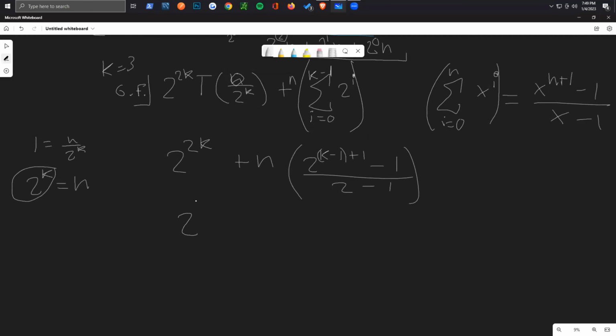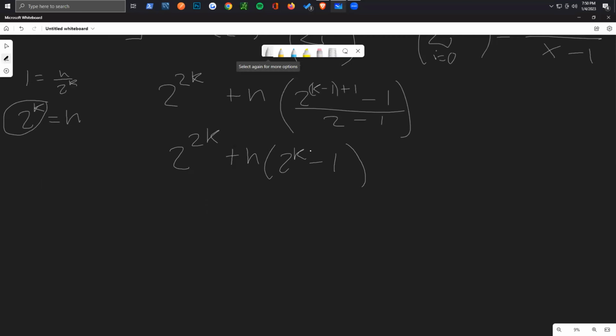And now right here, we're still left with 2 to the power of 2 to the k. You guys get what I'm saying. And then we have 2 to the k left over, minus 1. And you can just divide this by 1, but it's just 2 to the k minus 1. So right here is just 2 to the k minus 1.